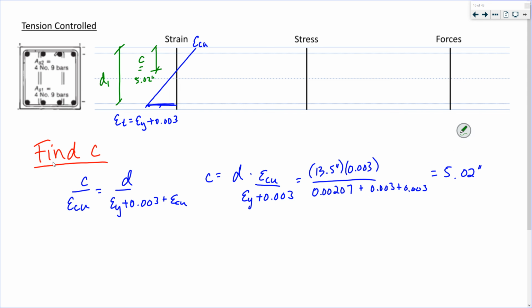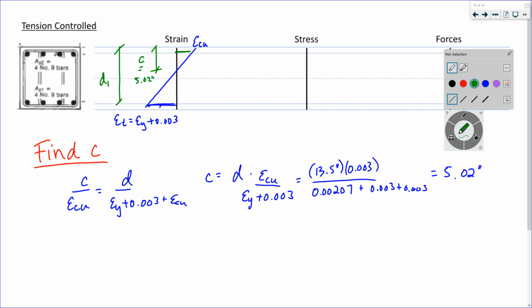Let's see if I want to find my strain in my compression reinforcement.